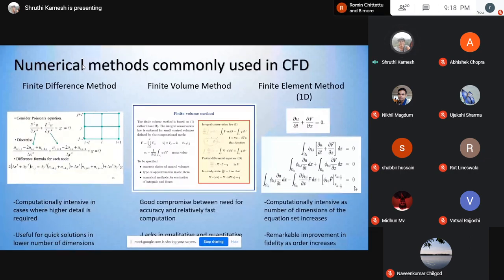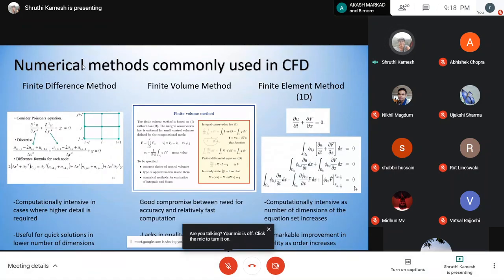These are really very simple flows, easy to model, but they're also part of computational fluid dynamics. So the numerical methods that we use to solve are mainly finite difference, finite volume, and finite element methods.